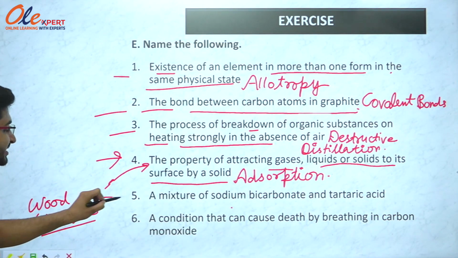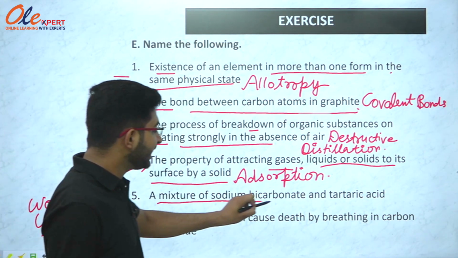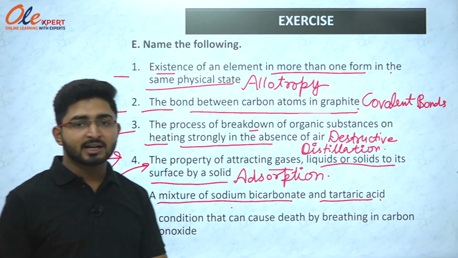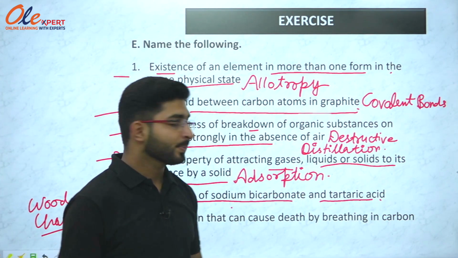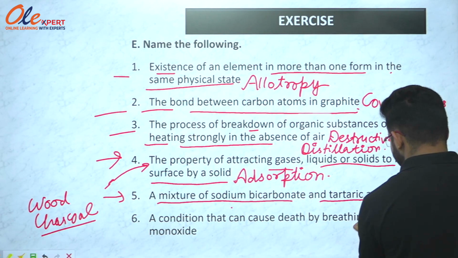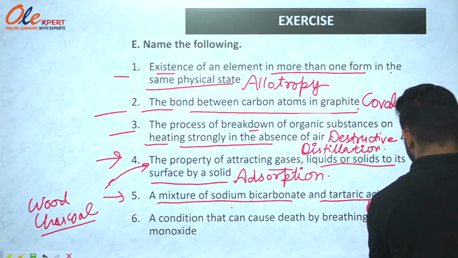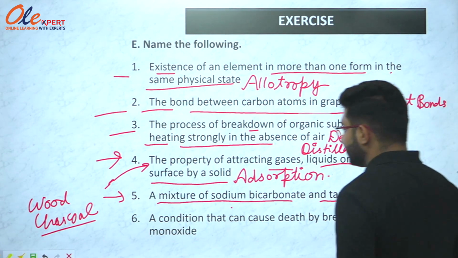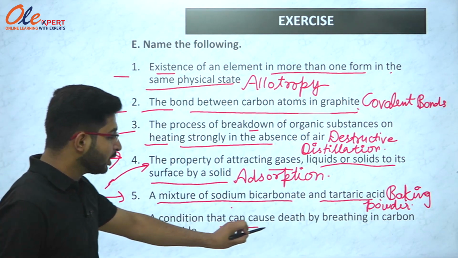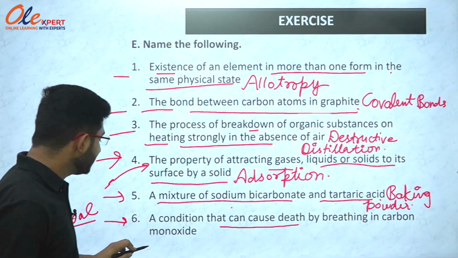Okay, so the next statement says a mixture of sodium bicarbonate and tartaric acid. So the mixture of sodium bicarbonate and tartaric acid is known as baking powder. So this is the correct answer for this part. The next part says a condition that can cause death by breathing in carbon monoxide.